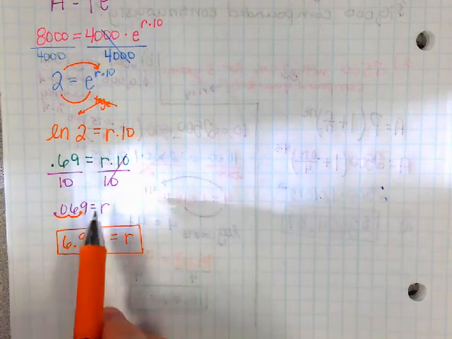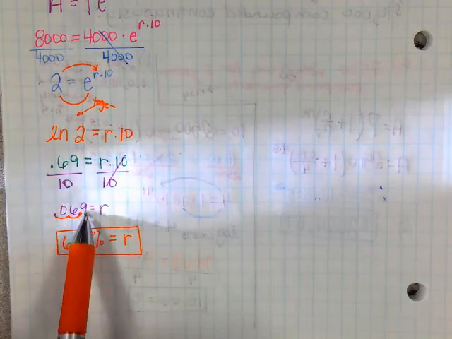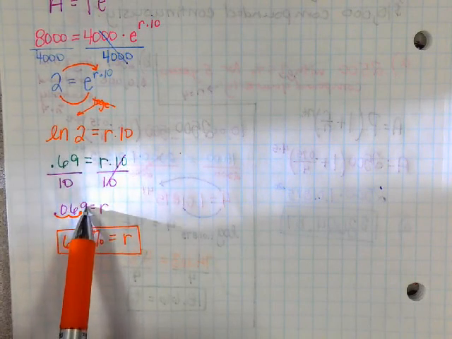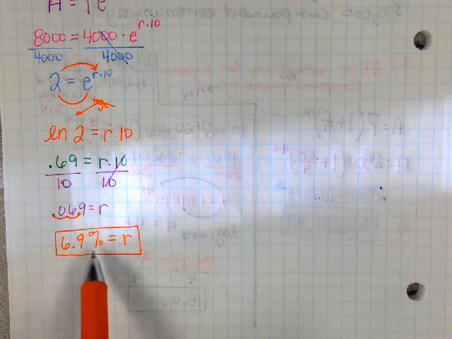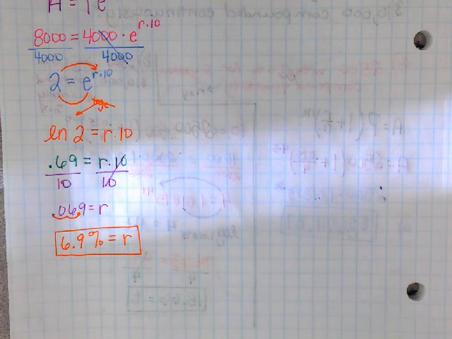That would be our rate. So just make sure that you remember to move the decimal, because you better believe that's going to be an option. Okay, so that's application.